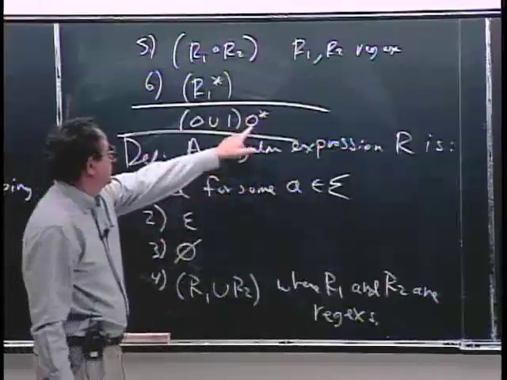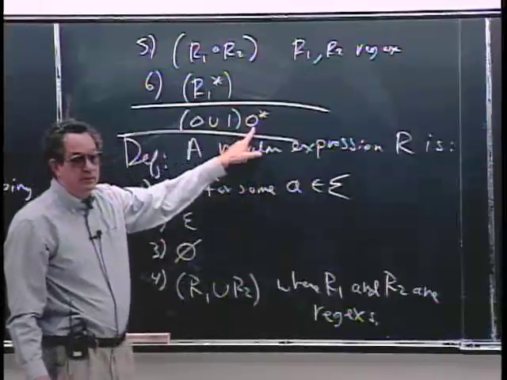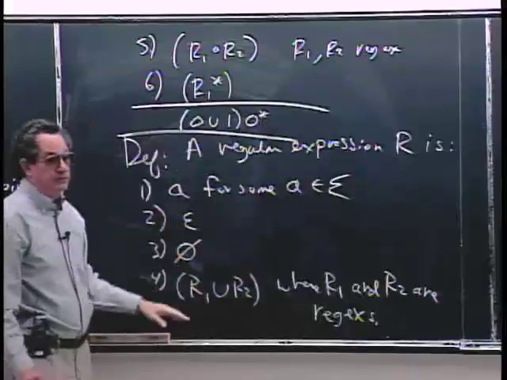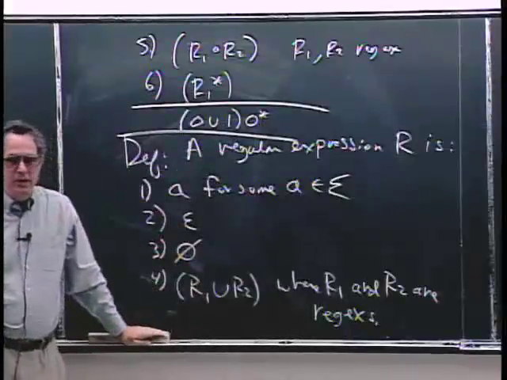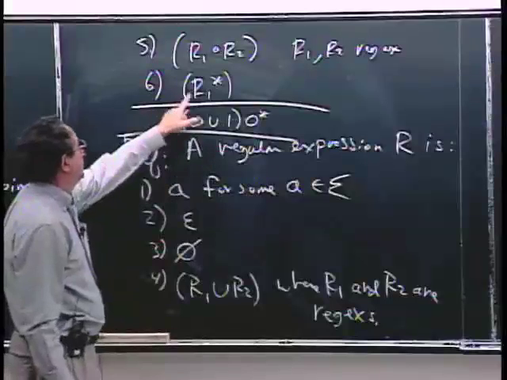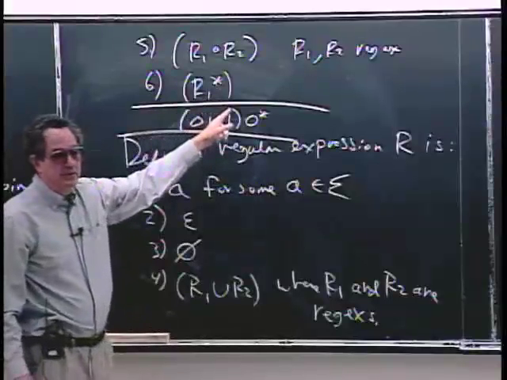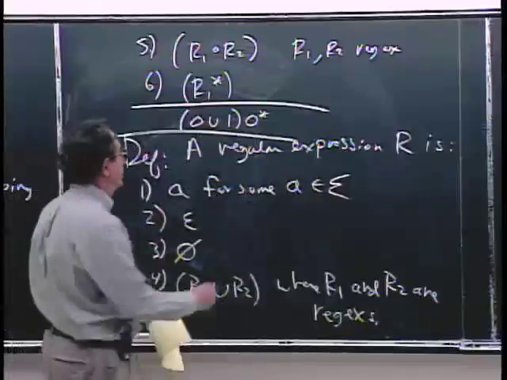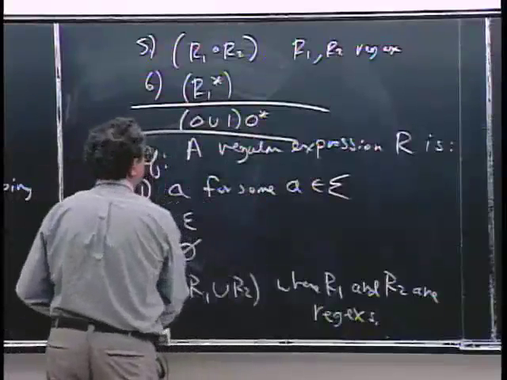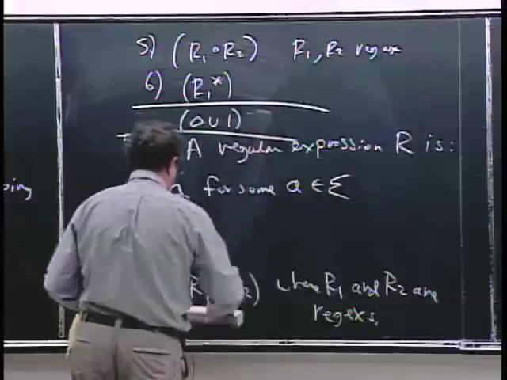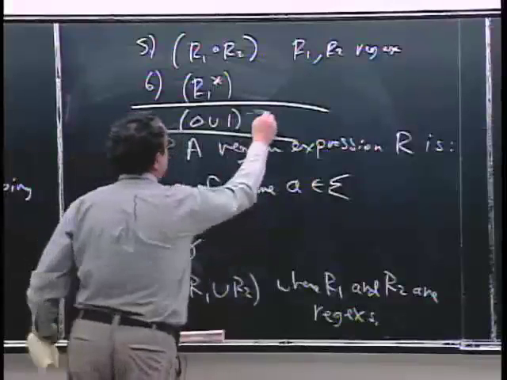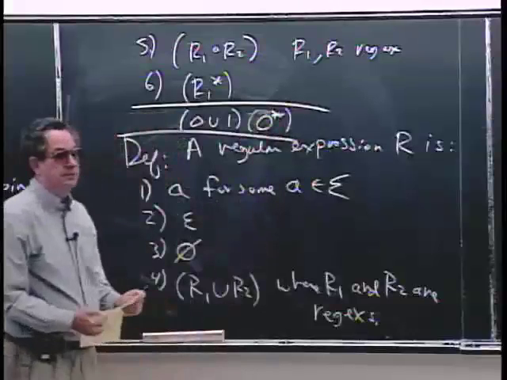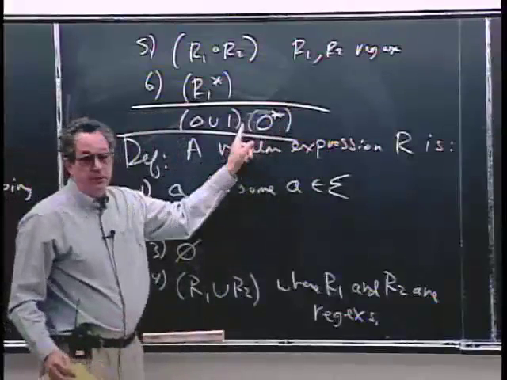Is 0 a regular expression? Yes. Is 0 star a regular expression according to these rules? Not quite, because here it says there should be parentheses. That's why I say this is sort of colloquial. We've taken some shortcuts. If I really wanted to be completely loyal to this definition, I should have written it that way, and then this is a regular expression.